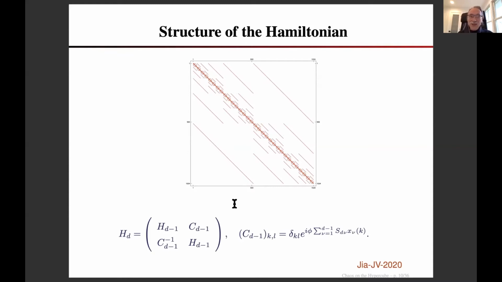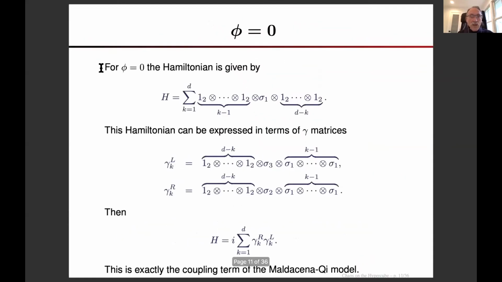It doesn't look chaotic at all, and of course that is a surprise. For phi equal to 0, the Hamiltonian is very simple. In D dimensions, exactly the same as in the 2-dimensional case, it is a sum over tensor products of identity operators, 2 by 2 operators, then a sigma-1 matrix, and then again identity operators.